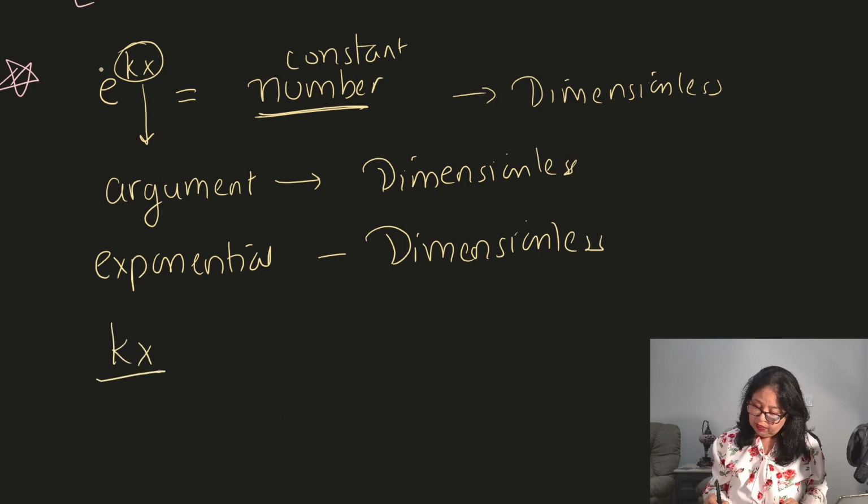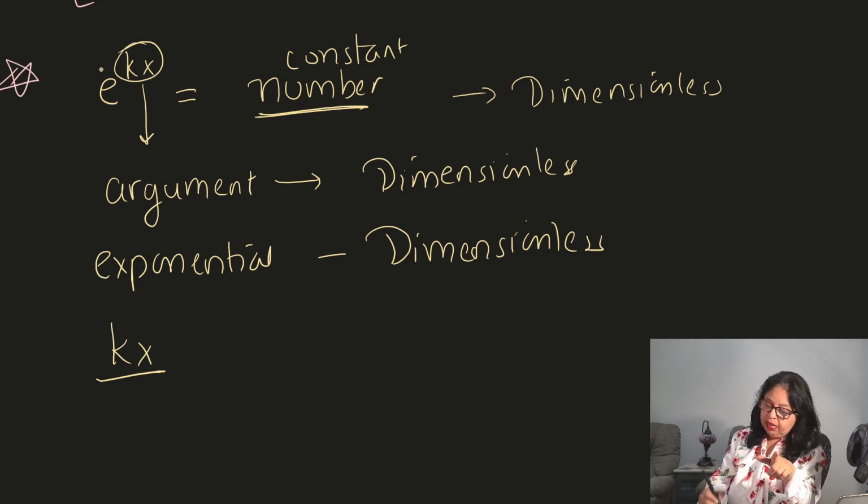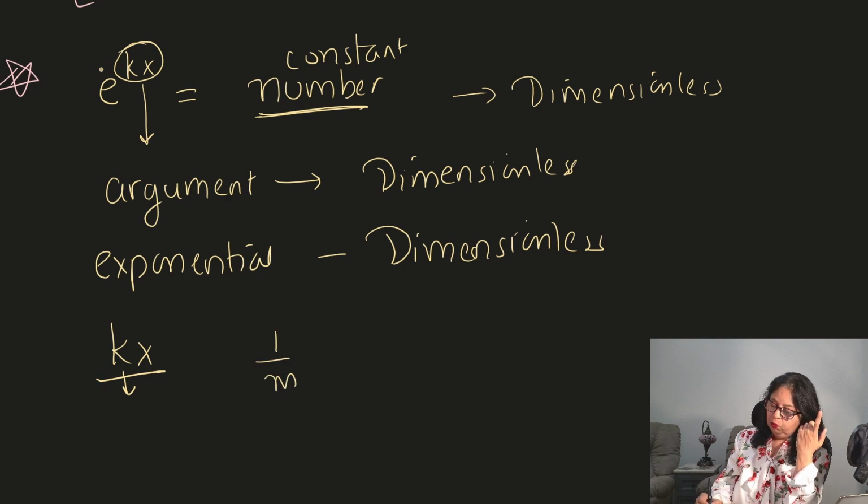Whatever this kx is here, kx minus kx, whatever I write. When you do the wave equations, you're going to learn that x is the distance and k is the wave number. The SI unit for k is 1 over meter and for x is meter. So the units cancel out. So if the units cancel out, that means the dimensional formulae, the dimensions, also cancel out.